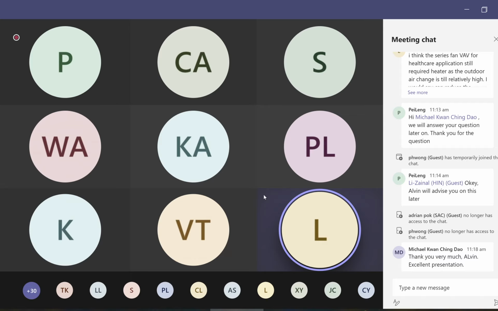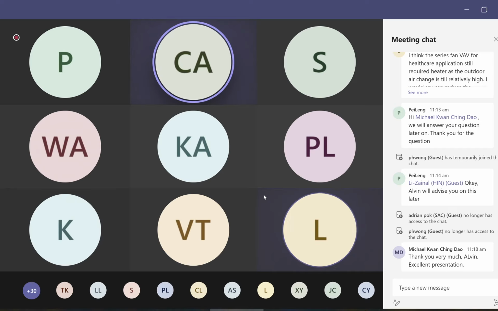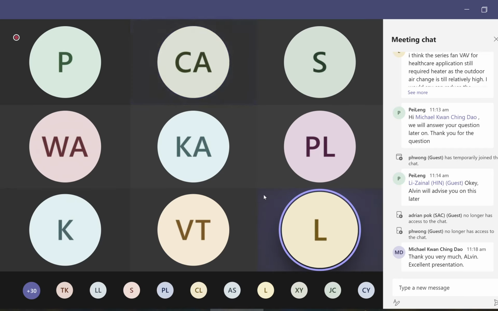What do you mean overcooling? Okay, you see, the VAV system is based on the pressure built up in the supply duct, constant pressure. So you need certain static to go to the furthest point. So the affinity law plays in, so you cannot ramp down too low.